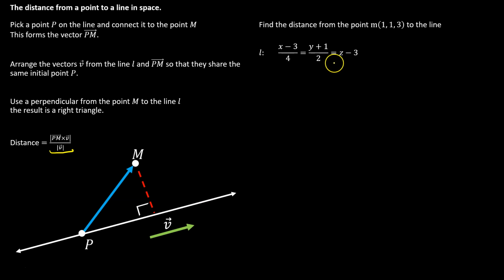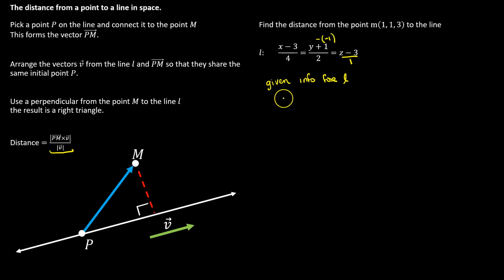Now, in order for us to solve this problem, we first have to extract all the given information out of the line L. The equation of the line L is given in symmetric form. So let's make it look a little bit more like that symmetric setup. We'll give the third part of the equality a denominator of 1. And then instead of y plus 1 here, remember that would really be like y minus -1.